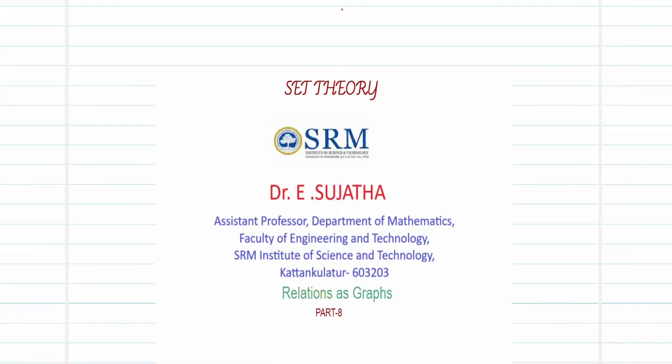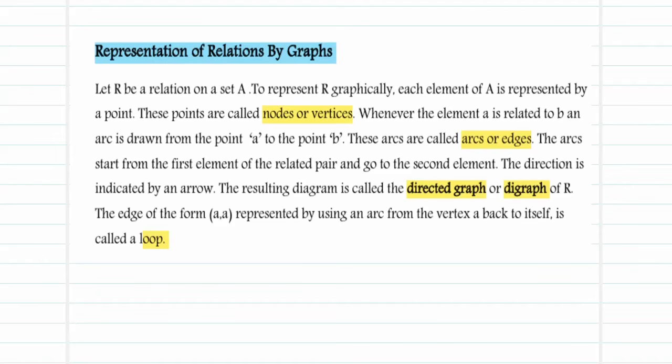First, we will see what is meant by a graph. Let R be a relation that can be defined on a set A. To represent R graphically, each element of A is represented by a point. This point is called a node or vertex. Whenever the element A is related to B, an arc is drawn from the point A to the point B. The arc is also called an edge.